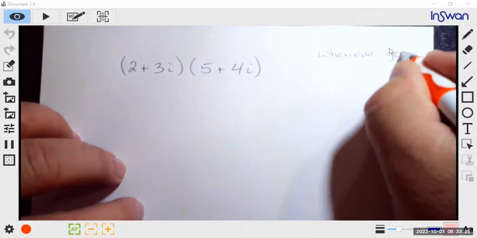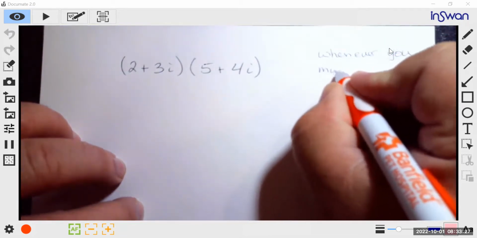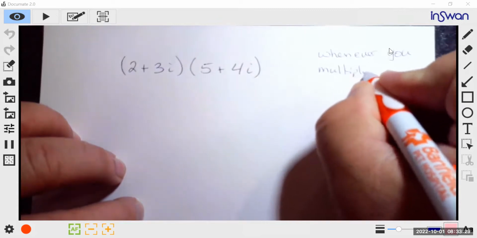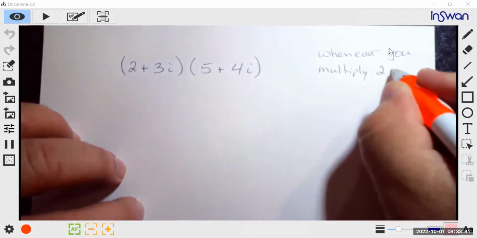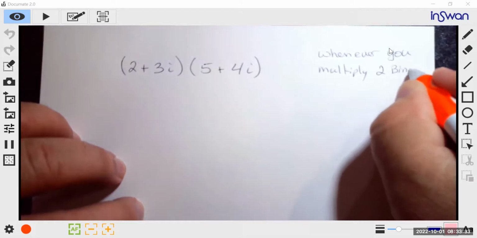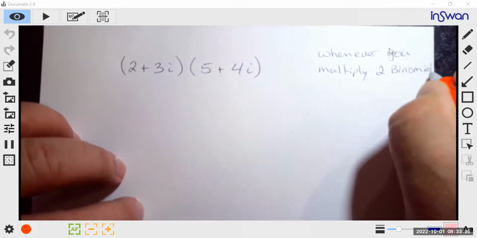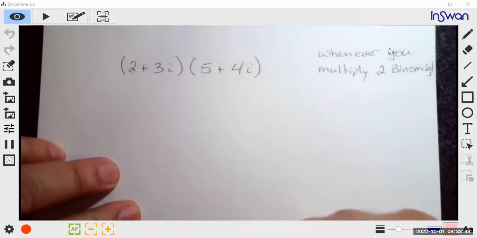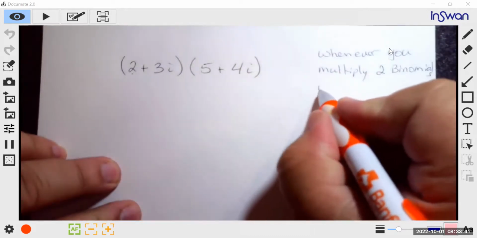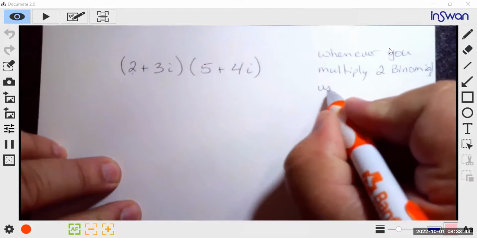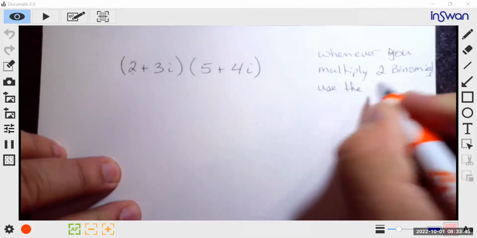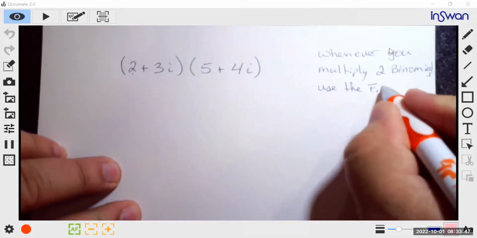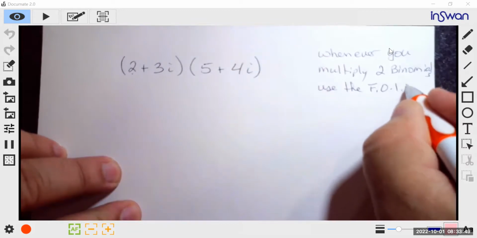Whenever you multiply two binomials, remember it's a binomial because it has two terms inside there, use the FOIL technique.